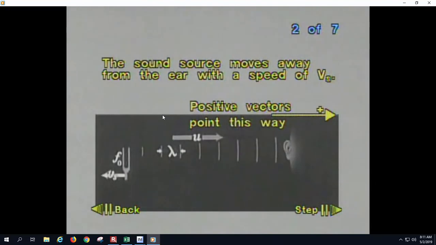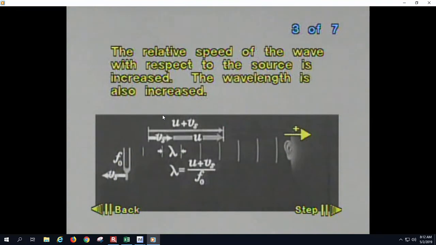As the source moves away from your ear, you hear a lower pitched sound. So the waves are not going to enter your ear at the same rate, right? Less rate wise.